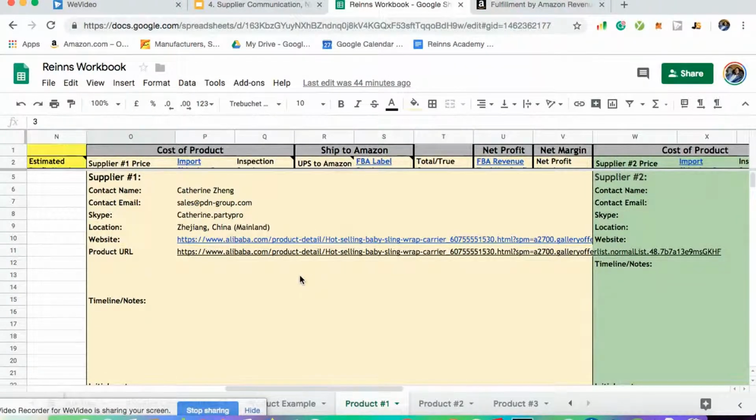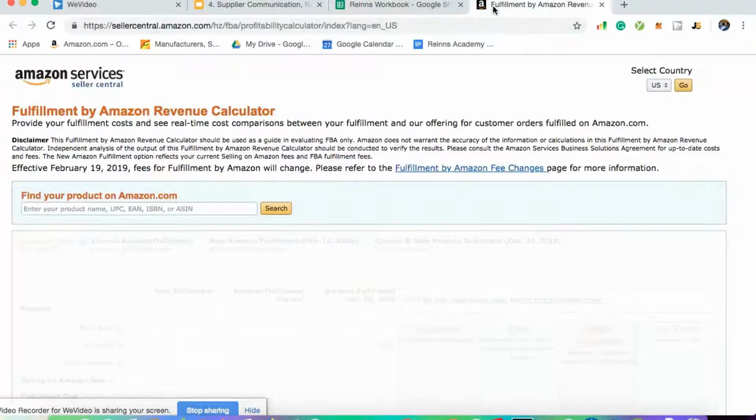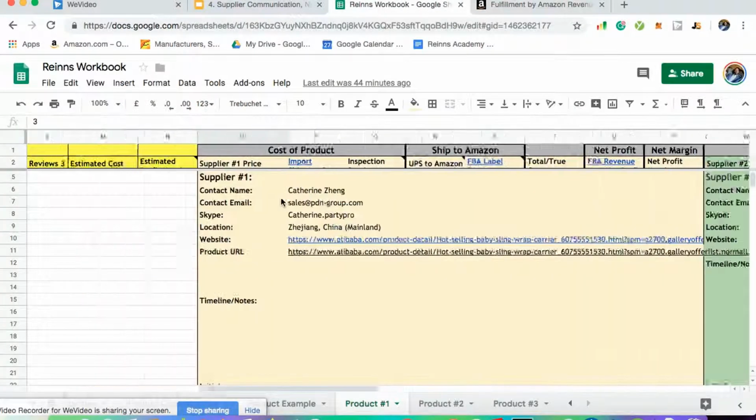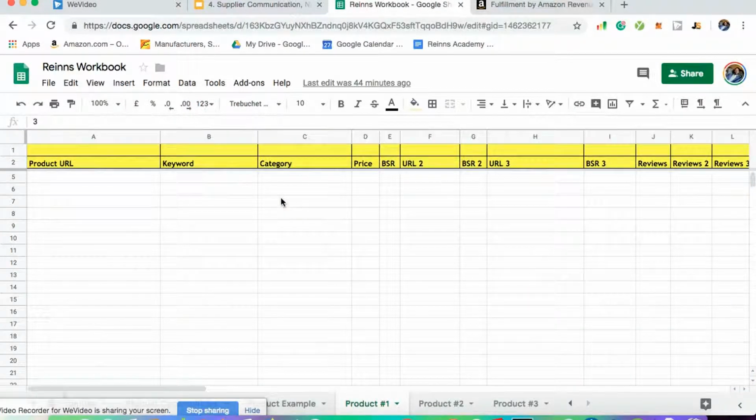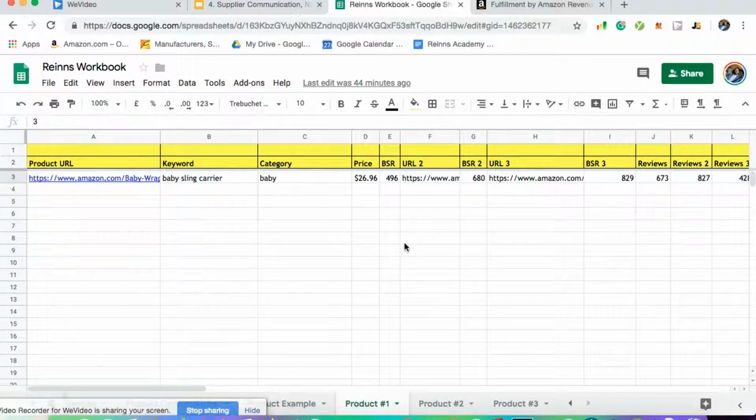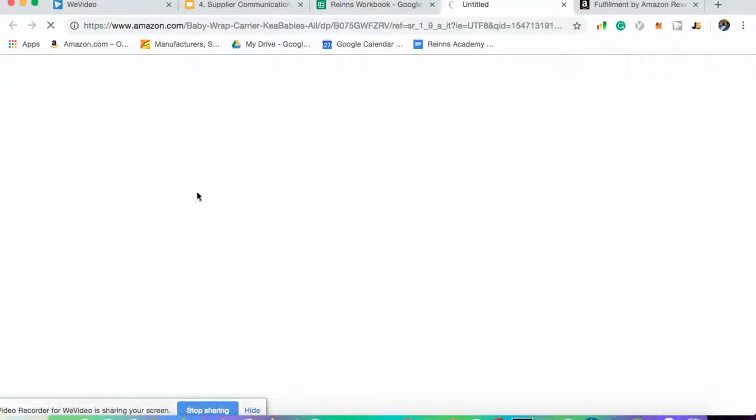Okay, so this is open. Very good. So I want us to open Amazon, because I want us to use the FBA revenue calculator. So let's open Amazon and then I show you how to use it.